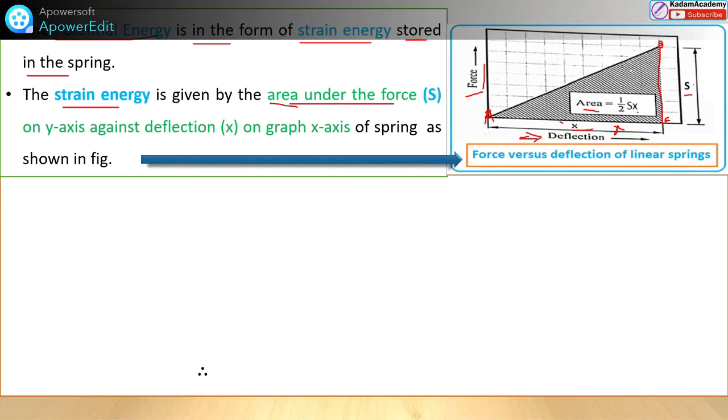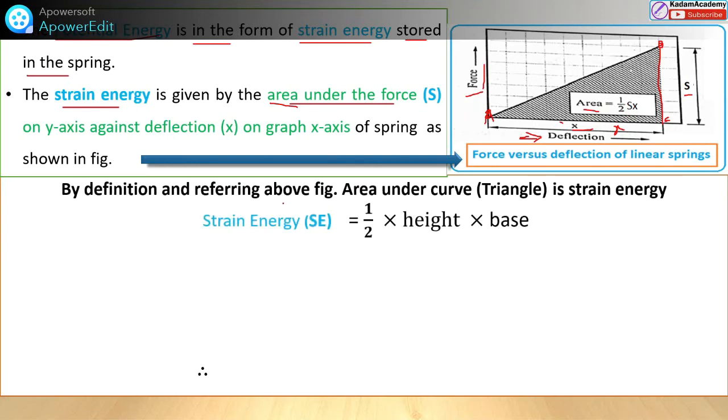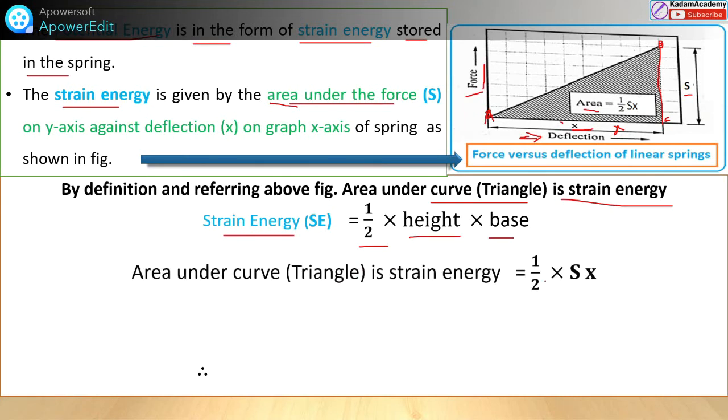From this triangle we can write this equation, and the area under this curve, this triangle, is nothing but the strain energy. The strain energy you can calculate as half into height into base. So the area under the curve is equal to half into Sx.